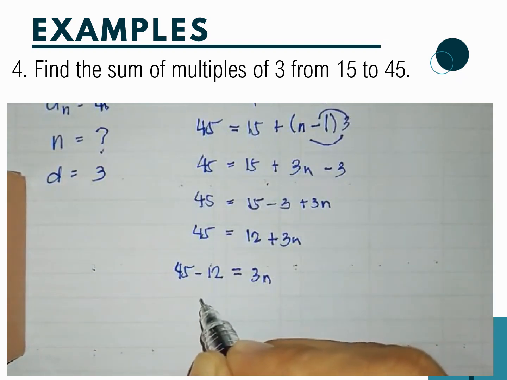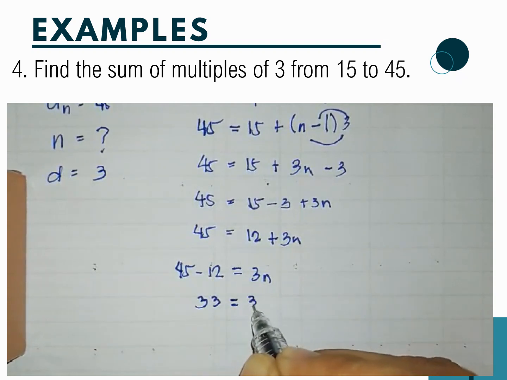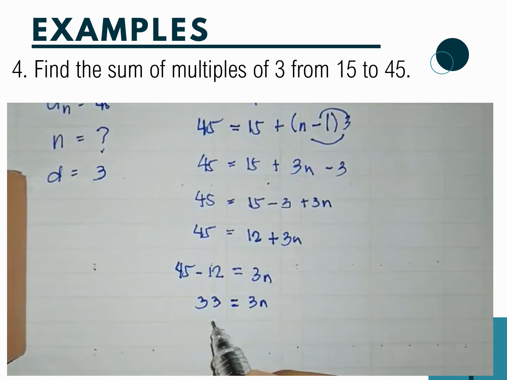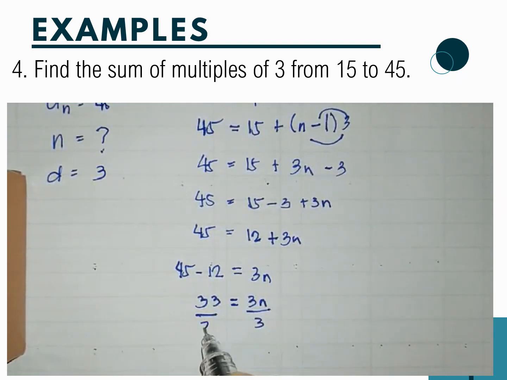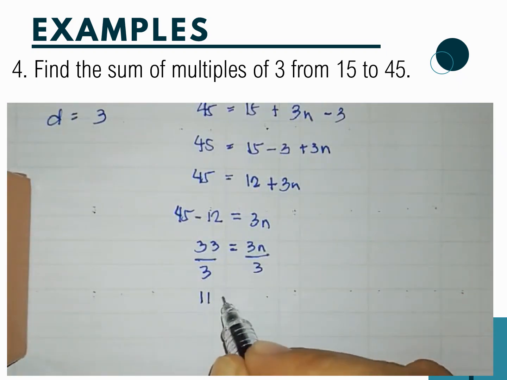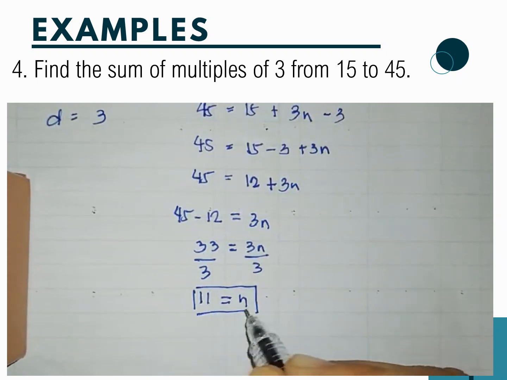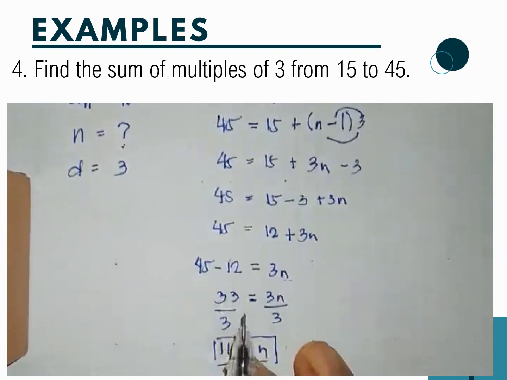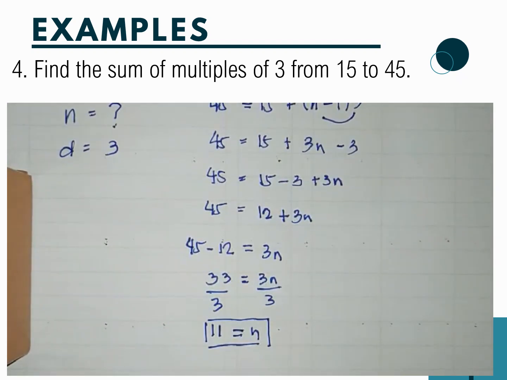This will give us 33 equals 3n. Divide both sides of the equation by 3 so that we can solve for n. This will give us 11 is equal to n. There are 11 terms from 15 to 45 in multiples of 3.